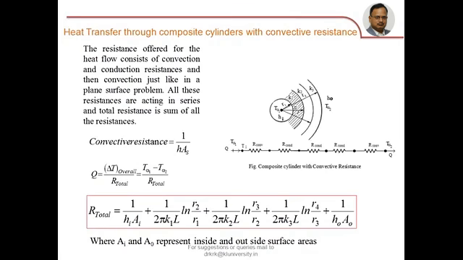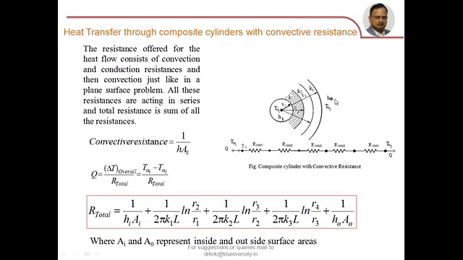Next. Convective resistance also exists when these types of cylinders are exposed to the environment. We have seen in the beginning the formula for convective resistance is 1 by HA, where H is the convective heat transfer coefficient, representing the ability of the fluid to deal with the heat.